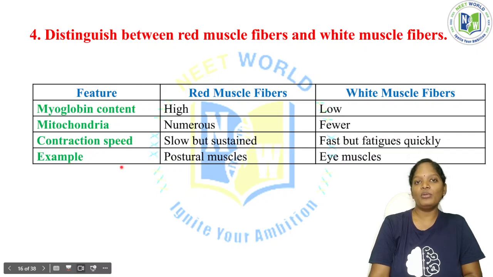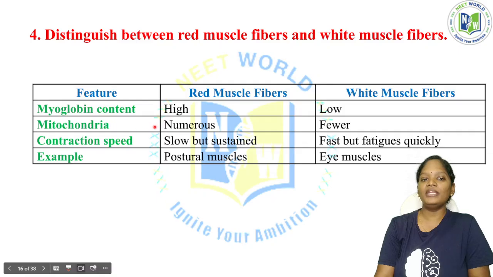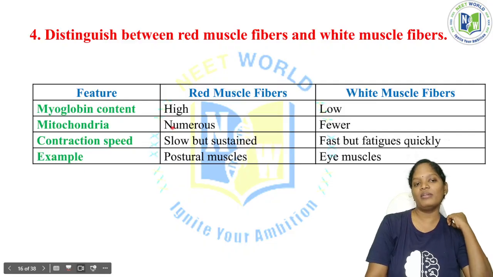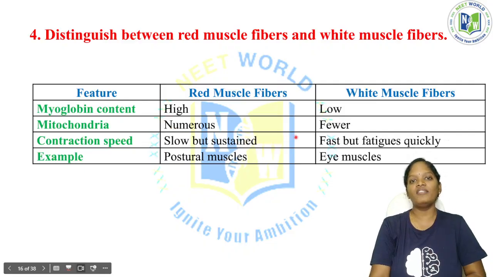If the hemoglobin-like pigment is present in the muscle cells, we call it myoglobin, and the myoglobin content will be higher in the red muscle fibers and lower in the white muscle fibers. Mitochondria will be numerous in the red muscle fibers and fewer in the white muscle fibers.